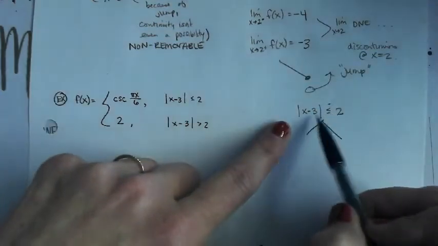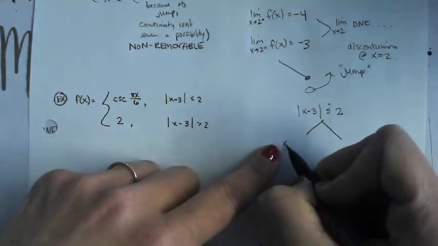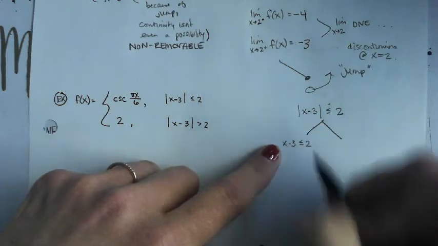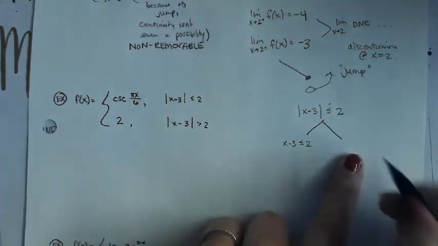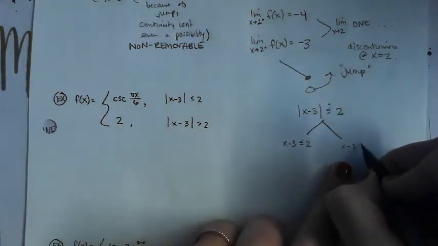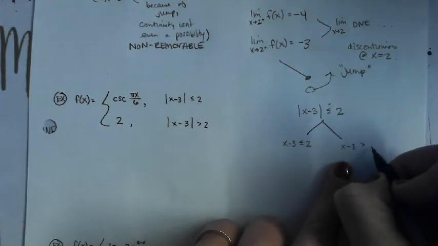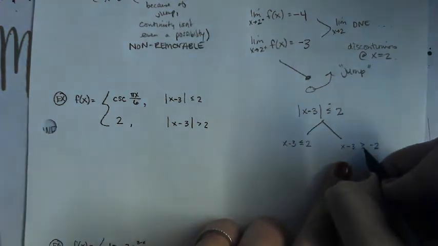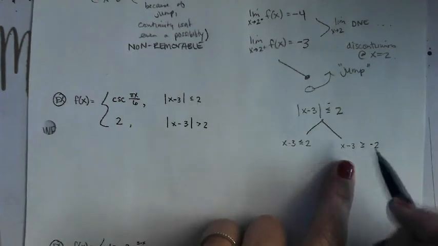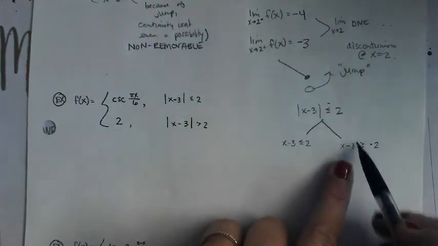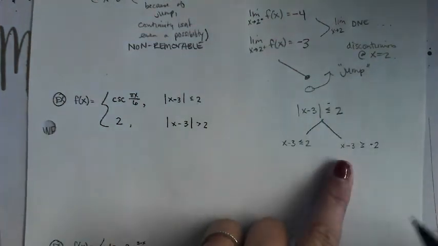And for inequalities, one you keep exactly the same. X minus 3 has to be less than or equal to 2. Or x minus 3 could be greater than or equal to negative 2, where you flip the direction of the inequality sign and you flip the negativity. Do you remember this? Okay?